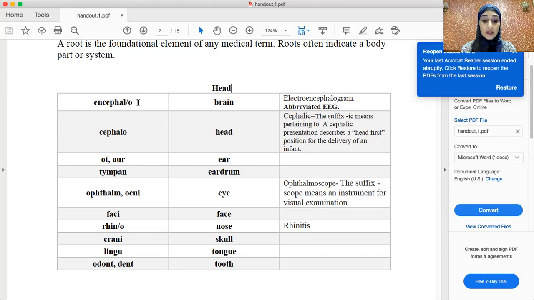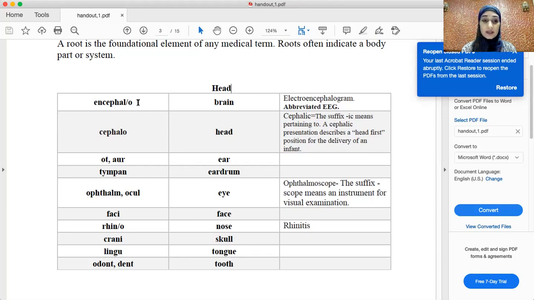Ot or oto, referring to the ear. Tympan, referring to the eardrum. Ophthalm or ocul, referring to the eye. Facie, referring to the face.